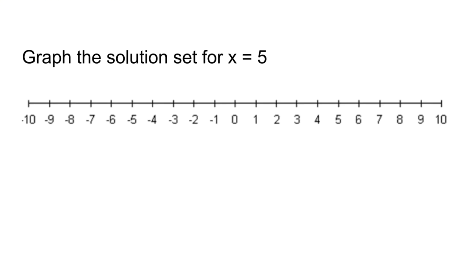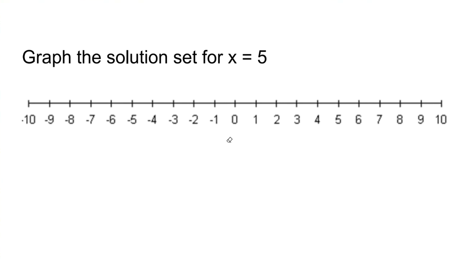So now let's practice graphing solution sets for equations and inequalities. To graph the solution set for x equals 5, like we said, to show that a number is part of the solution, we would use a bracket on that number.